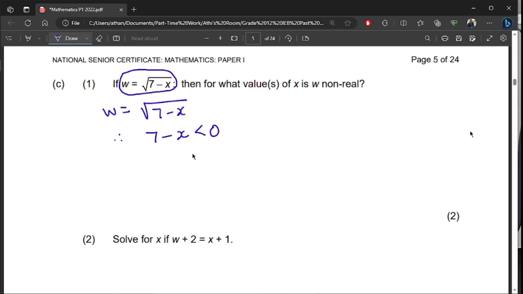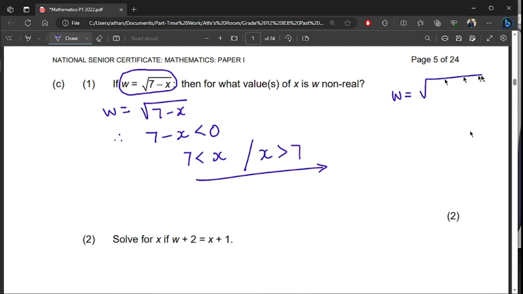We can transpose x to the other side to become x greater than 7. That means any number that is greater than 7 will make w non-real. For instance, let's choose a number greater than 7. I like taking numbers that are close, not big numbers. Let's use 8.